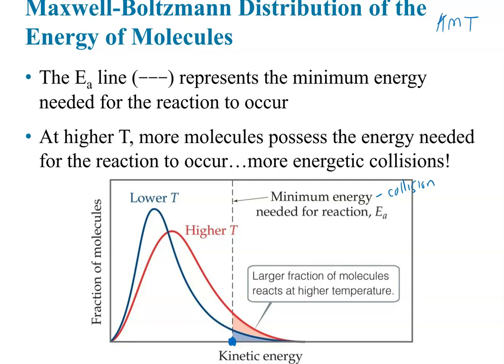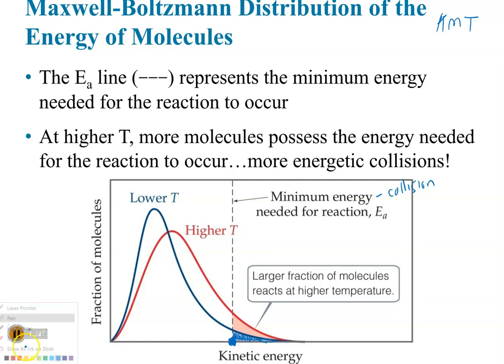Let's look at the lower temperature molecules first. What proportion of these lower temperature molecules will have kinetic energy higher than that minimum energy? There's a very small proportion right here.